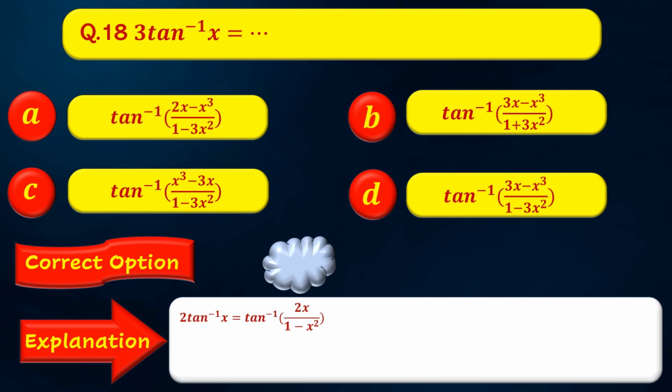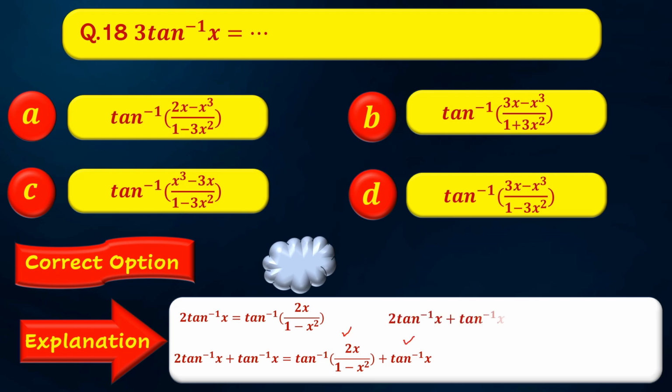As we know that 2 tan inverse x is equal to tan inverse 2x over 1 minus x square, we add another tan inverse x on both sides and apply the sum of two trigonometric functions formula on RHS.